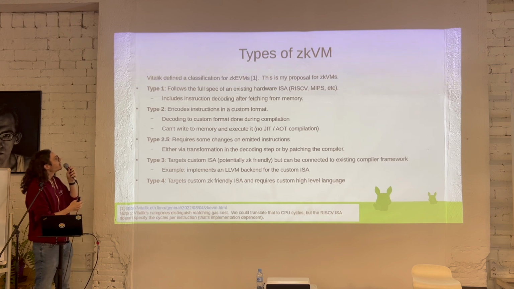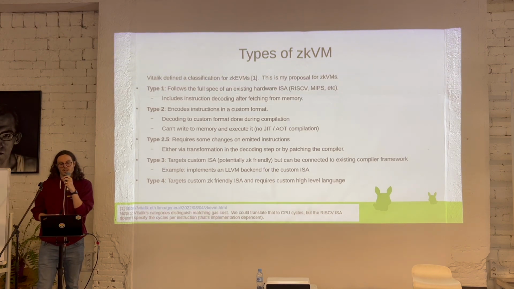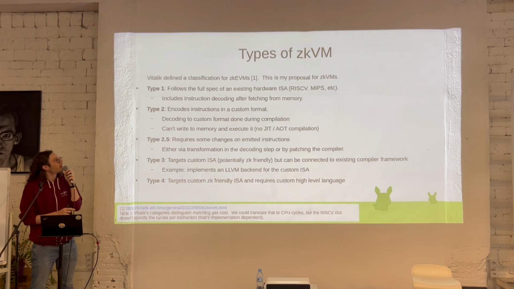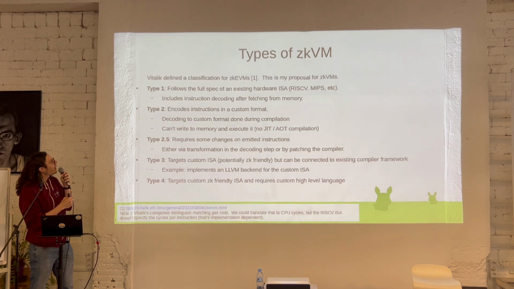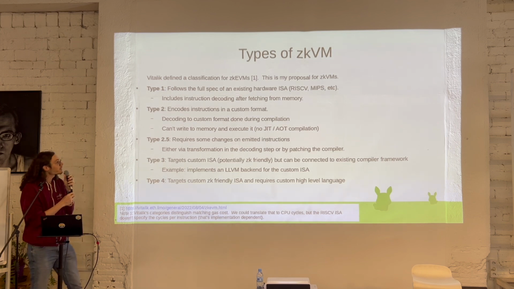Okay, so now another way to compare these VMs is trying to categorize them. Vitalik made a blog post where he proposed some types for zkEVMs, and I thought about trying to do the same exercise but for zkVMs.